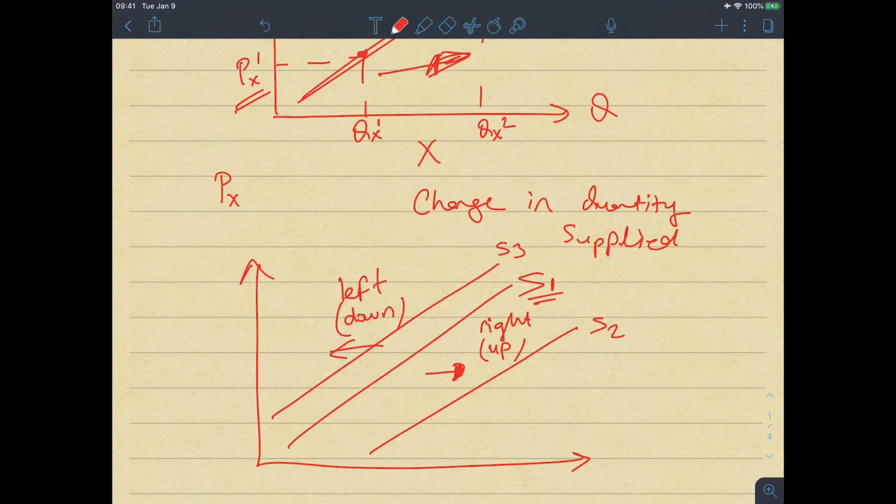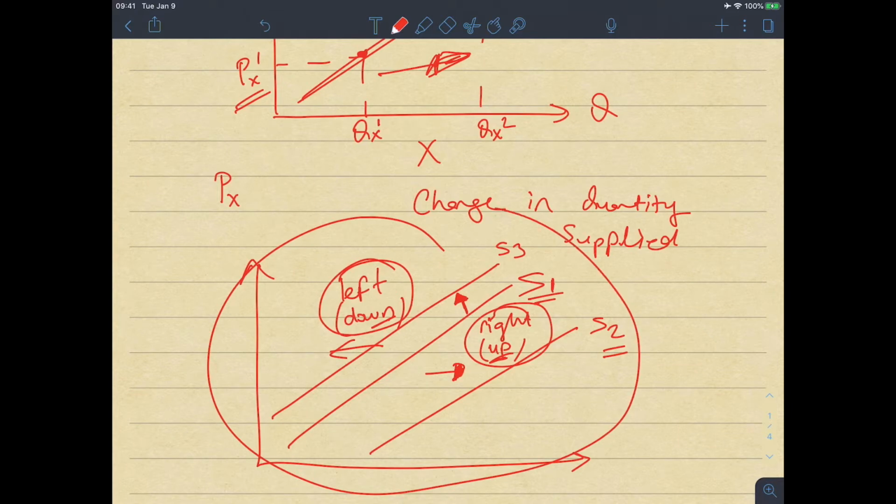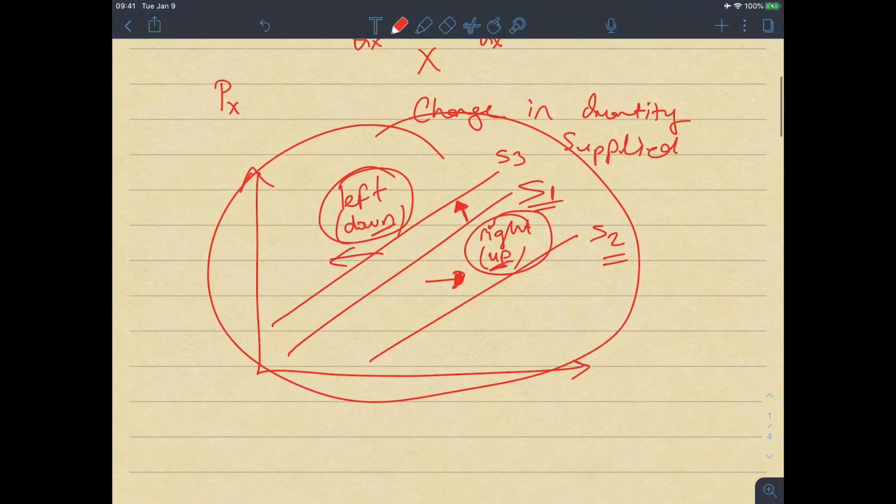From S1 to S2, supply is increasing, it's shifting right or up. From S1 to S3, it's shifting to the left or down. I know it seems that it's going up when we are shifting from S1 to S3, but the idea is when we move from S1 to S3, the supply is decreasing. That's why we call it down, and that's why we call it up here. So in this situation, these kinds of movements are a change in supply.